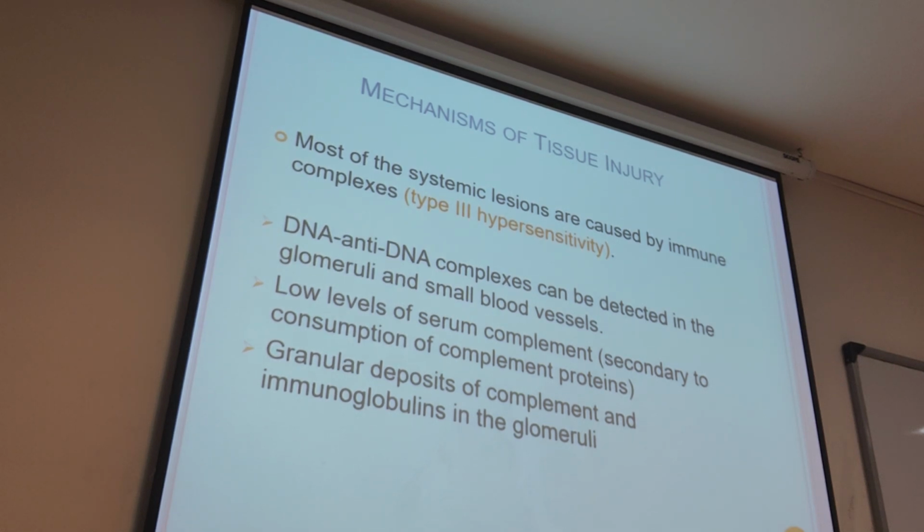For example, one of the most important parts is kidney, blood vessels important, kidney important. So we have glomerulonephritis, vasculitis, or for example, serositis, arthritis. We have inflammation in different parts of the body because of the deposition of immune complexes.